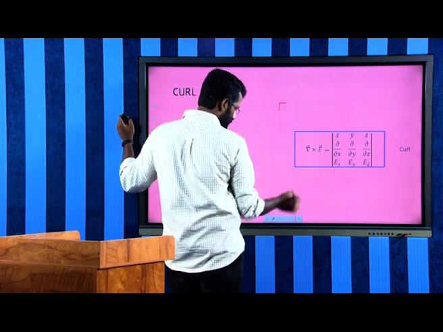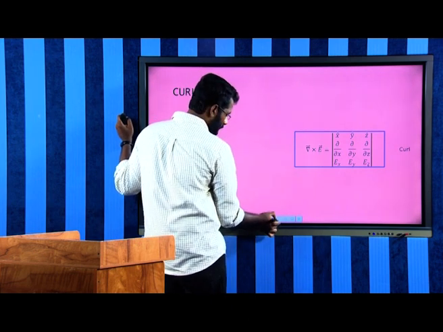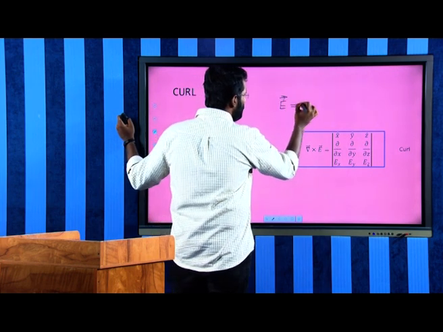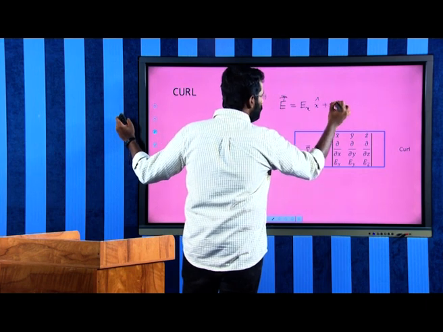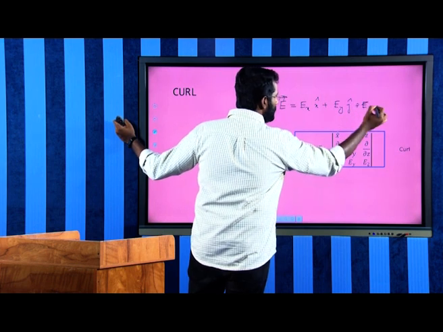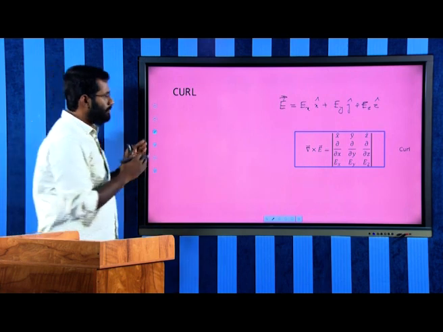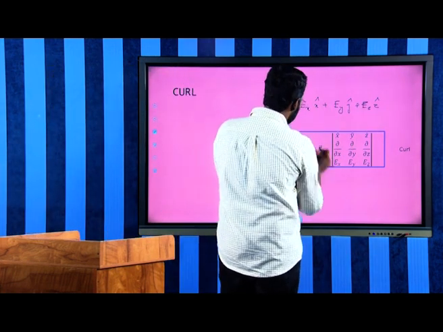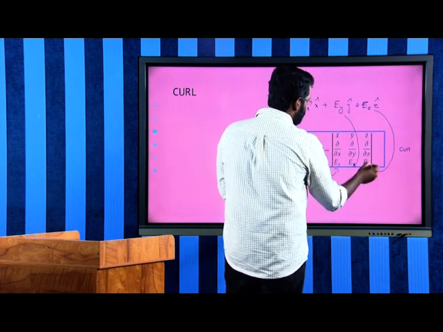Let us suppose the field is E, and E is equal to Ex x cap plus Ey y cap plus Ez z cap. That means a single vector function can be converted into three components, and Ex, Ey and Ez each come here.